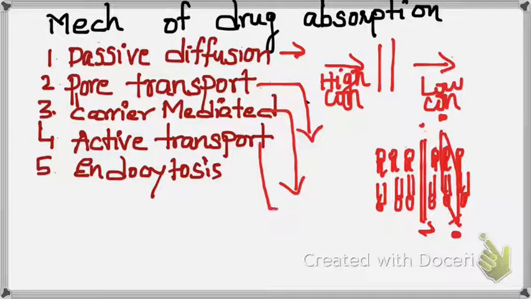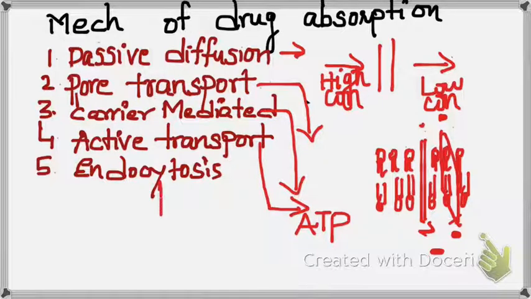In active transport, the drugs pass with the help of a carrier protein across the membrane utilizing energy. So here ATP is required, energy. ATP is required for the transport of molecules from one side of the membrane to the other side.